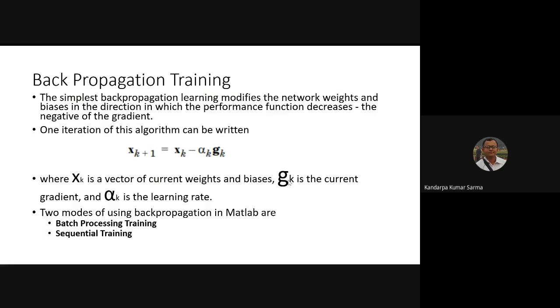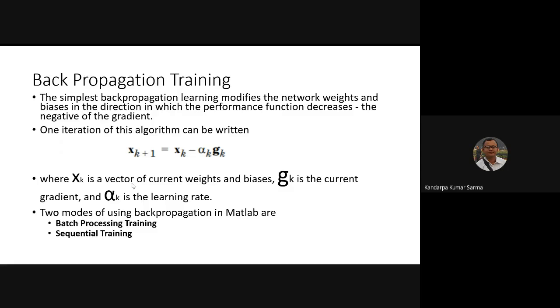Now, while we have spoken about back propagation, you should remember there are two modes of back propagation. One is called the batch processing training, and the second one is called the sequential training. The rest of the back propagation things we have discussed, so we will skip them.